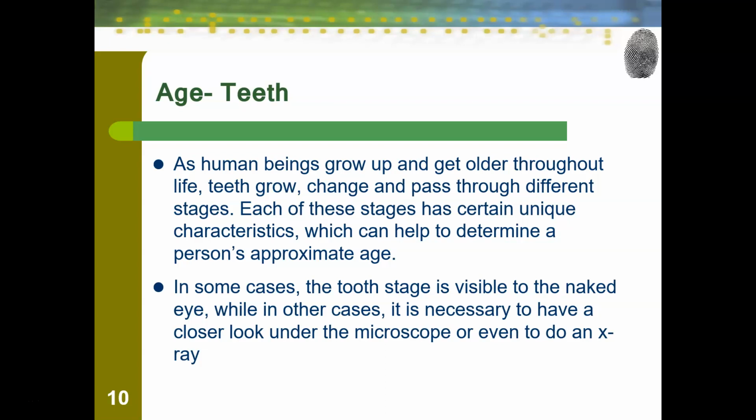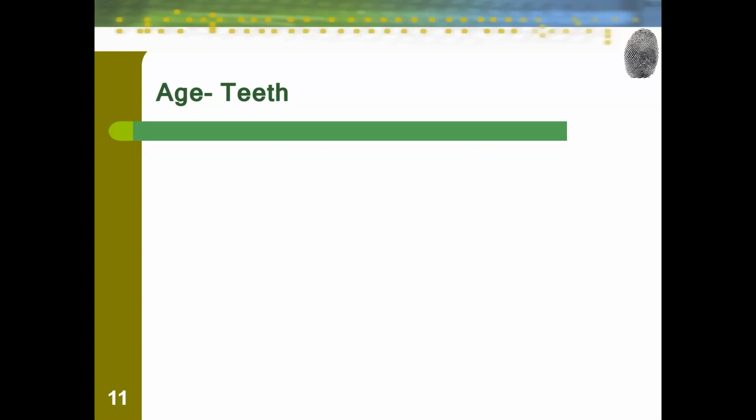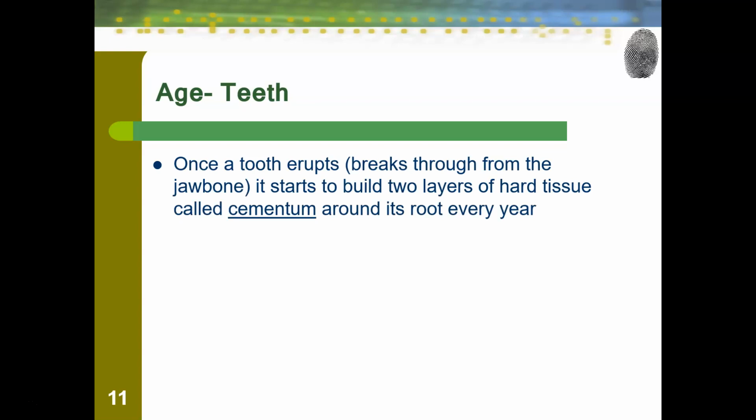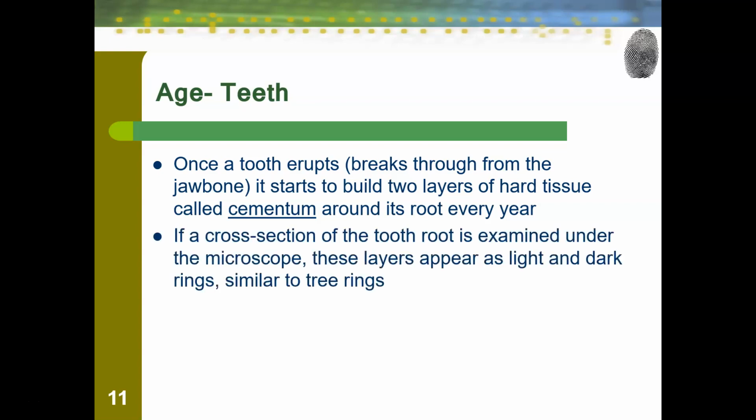In some cases, the tooth stage is visible to the naked eye, while in other cases, it is necessary to have a closer look under the microscope or even to do an X-ray. So once a tooth erupts, breaks through the jawbone, it starts to build 2 layers of hard tissue called the cementum around its root every year, trying to keep your teeth strong and in your mouth.